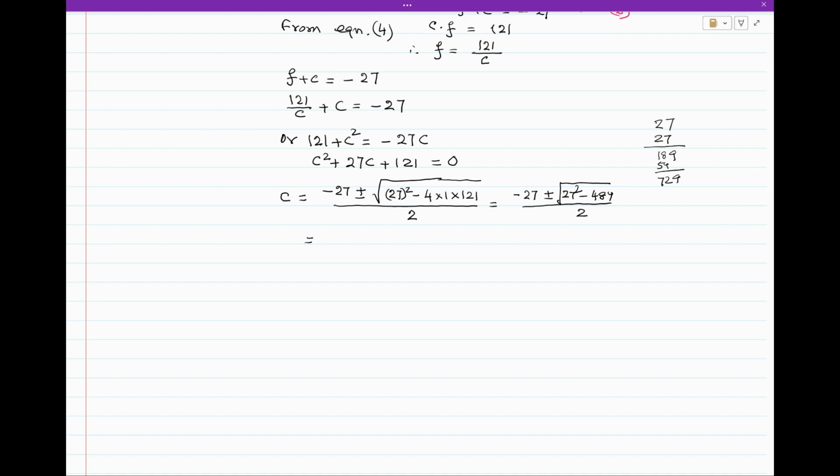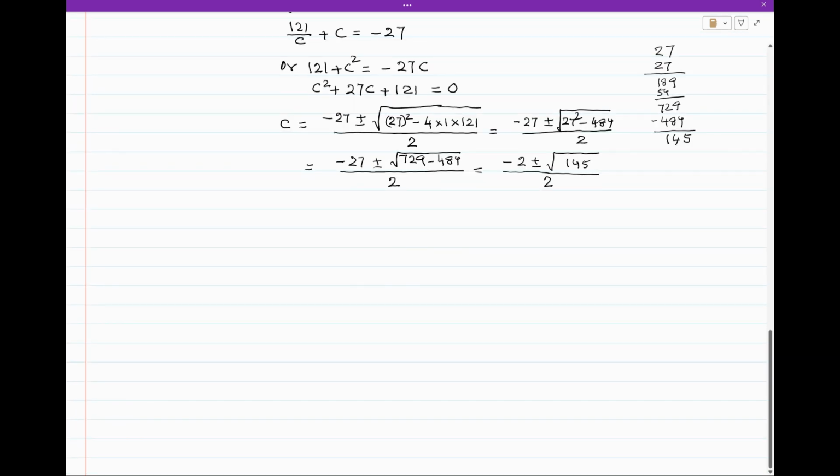Therefore, we get C is equal to minus 27 plus minus square root of 729 minus 484, divided by 2, and that is equal to minus 27 plus minus square root of 245, divided by 2.